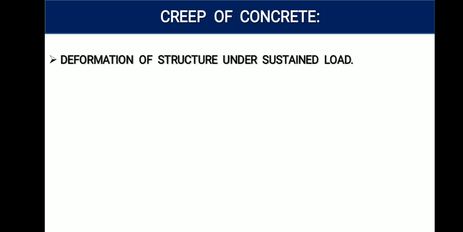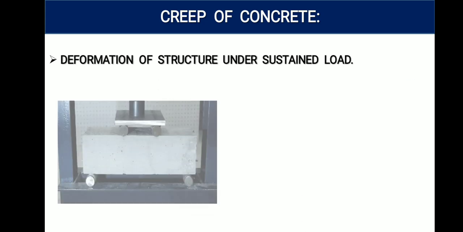Moving forward, this is also an important property of concrete: creep of concrete. First of all, let us know what creep of concrete is. In simple words, it is the deformation of structure under sustained load. Let me explain it through an example.